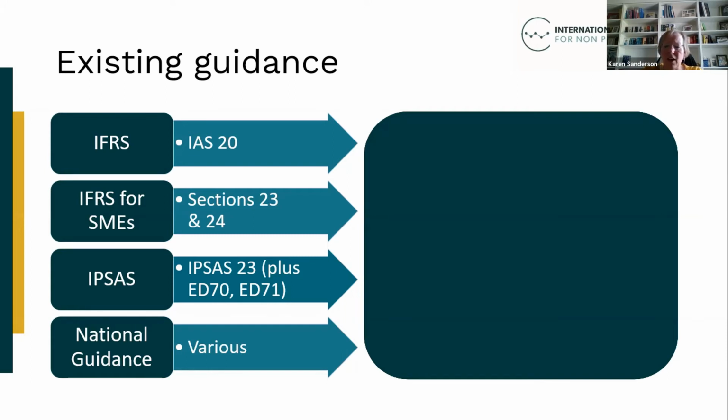But generally, the guidance provided by the international standards is based on the core principle that revenue is recognised when it is probable that the entity will receive economic benefits associated with the transaction and that it can be reliably estimated. The guidance also requires that the entity has control over the assets, and those are many of the things that we were talking about earlier.